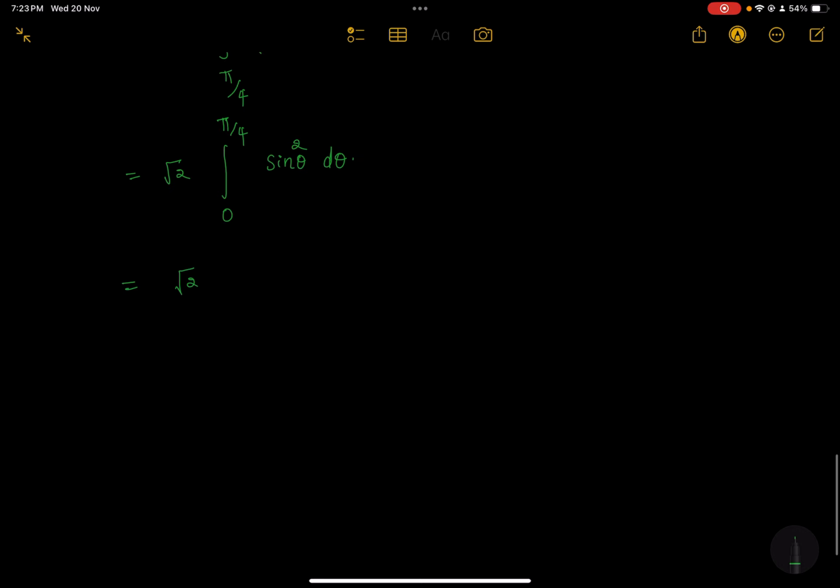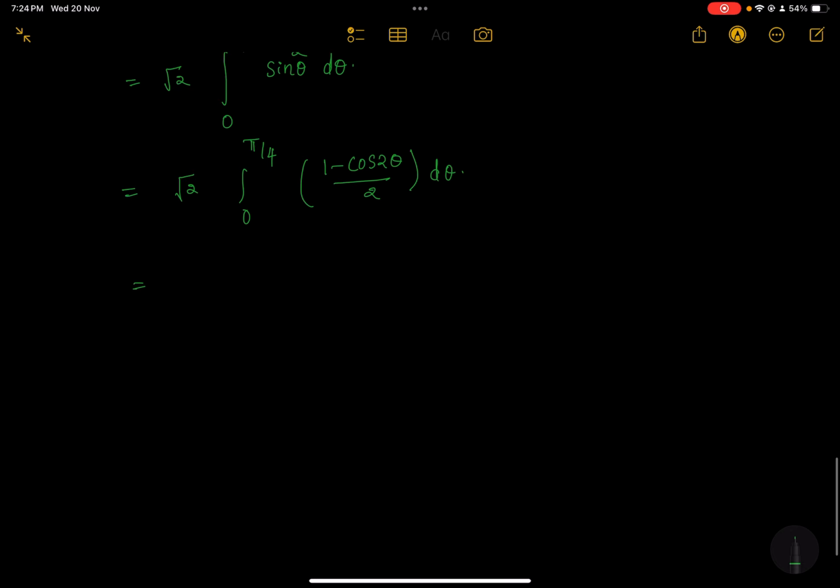So that is root 2 times the integral from 0 to pi by 4. Sine square theta is (1 minus cos 2 theta) by 2 d theta. Bring the 2 outside. So it will be 1 by root 2 times the integral from 0 to pi by 4 of 1 minus cos 2 theta d theta. Now integrate. The integral of 1 is theta, minus the integral of cos 2 theta, which is sine 2 theta by 2.